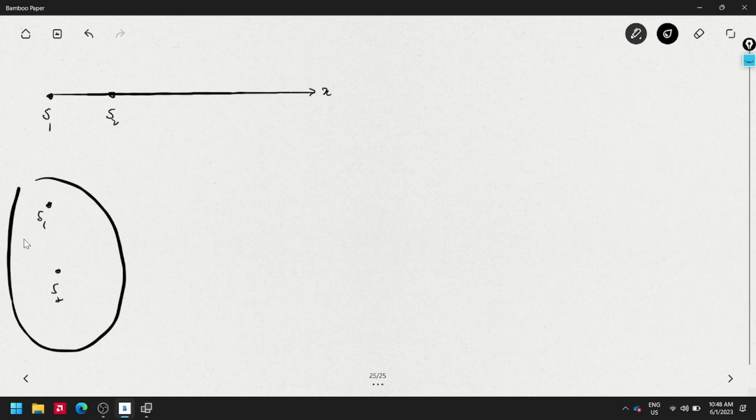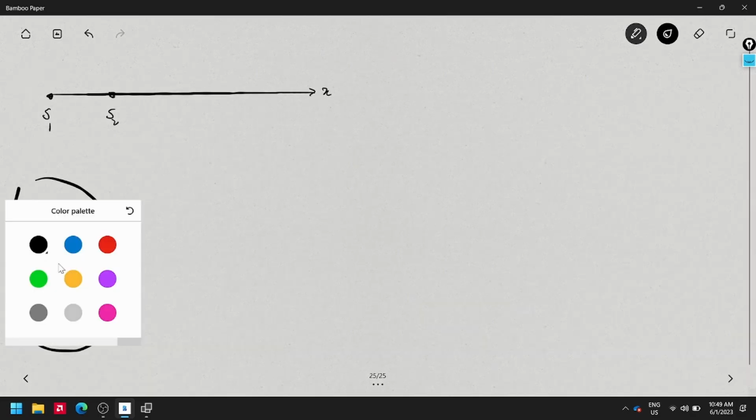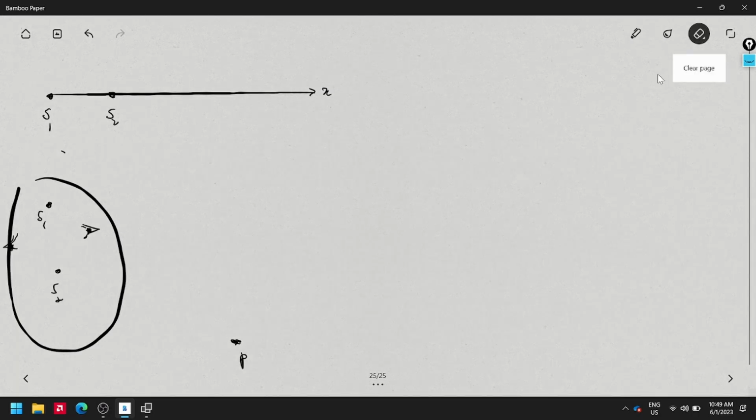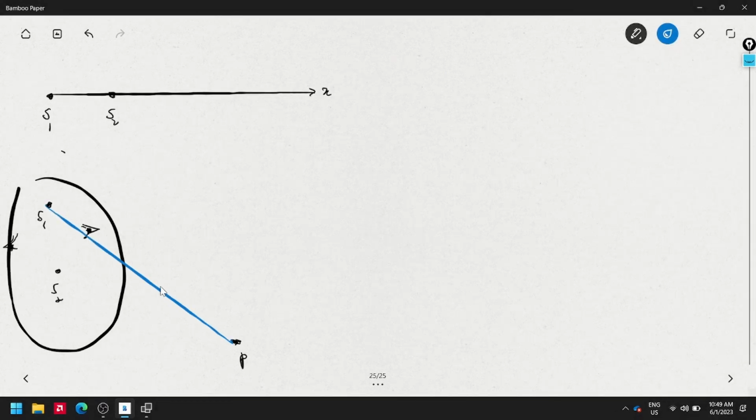So maybe you view from this position. This is your eye. So this is S1 over here, and this is S2 over here. And then P might be over here. This is your point P. So light waves should be coming from here to here.